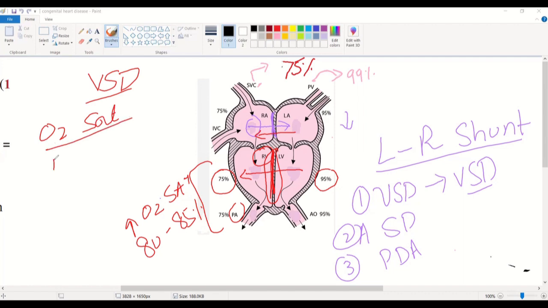in the left atrium, left ventricle, right ventricle, pulmonary artery, right atrium. So in the left atrium, what will be the oxygen saturation in VSD?